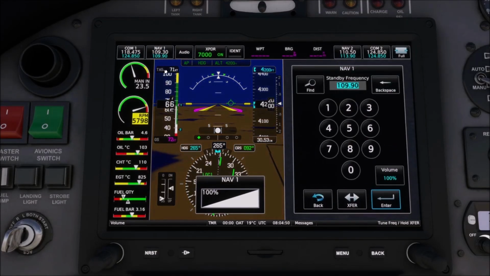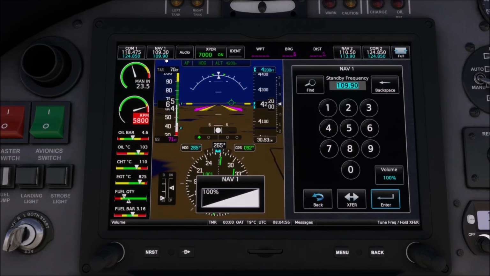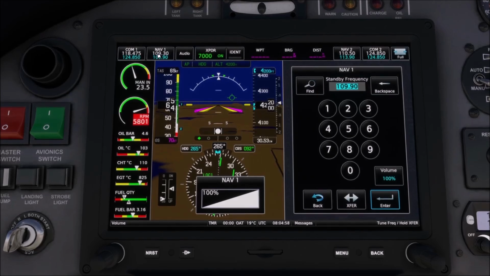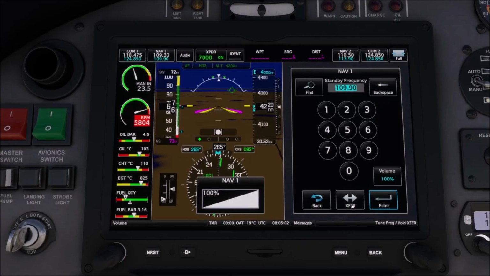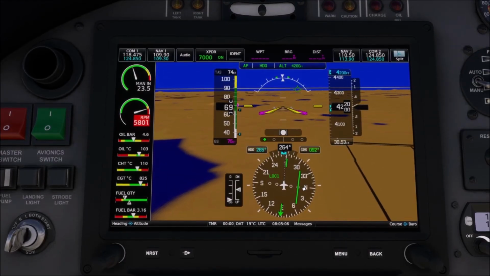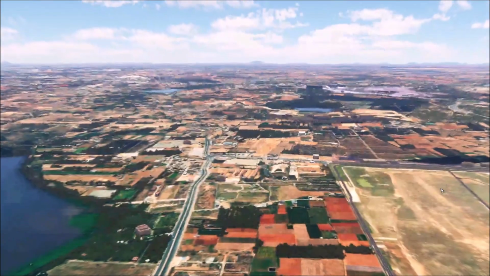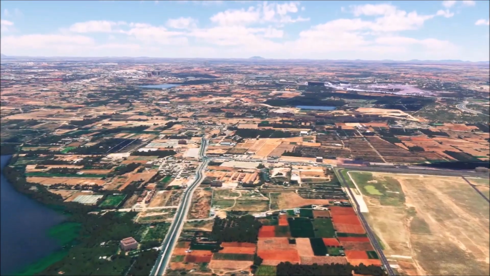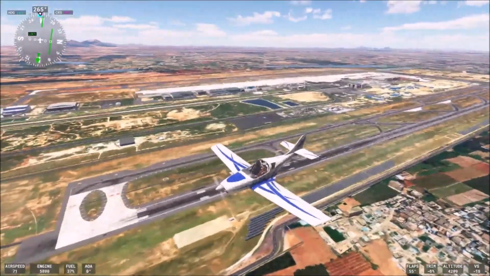Here are the frequencies. This is another frequency. I mean 109.90, and I will turn to 109.30 transfer. Exactly. You see the localizer here. So this will be our runway.